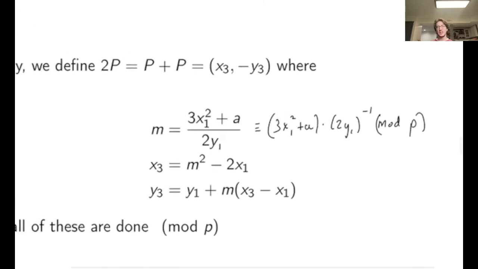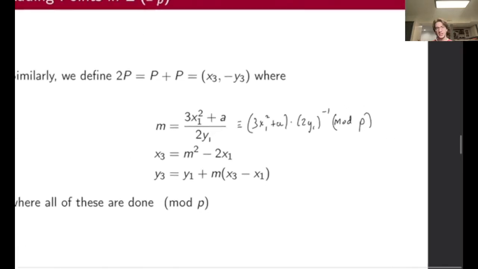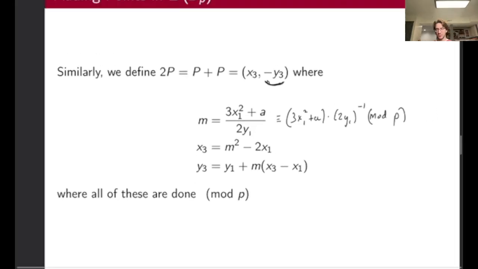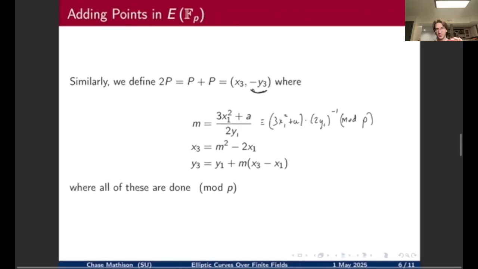And then x3 is m squared minus 2x1, and y3 is y1 plus m times x3 minus x1. And again, as a reminder, for the final sum, you do take minus y3 there. You have to do that reflection about the line y equals 0. Okay, and again, these operations are all done mod p.